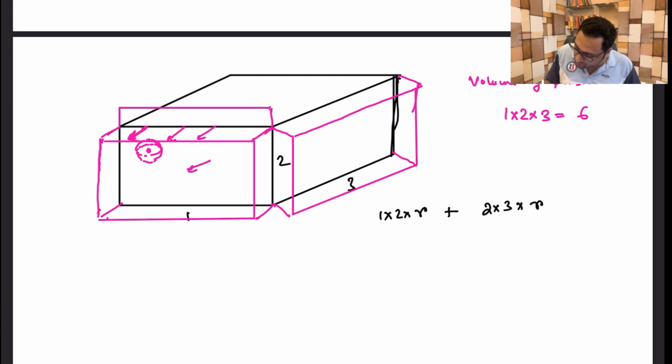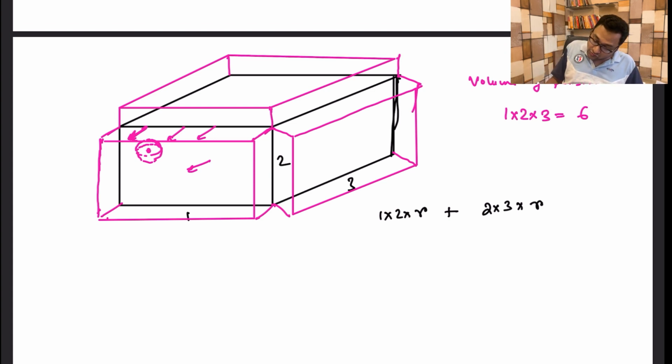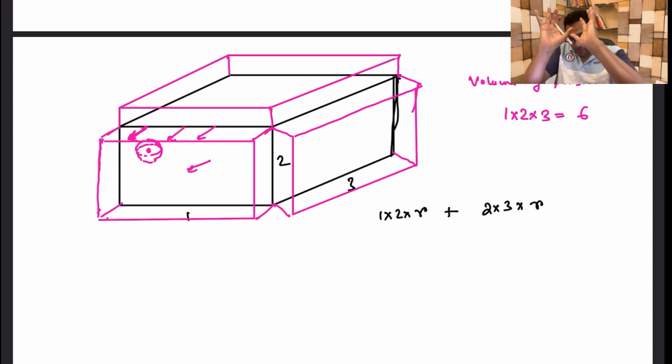So you have one at the top. I'm not saying that there are no other pieces. I'm just calculating them one by one. So one that is pushing up at the top, this one is 1 times 3 times R, 1 times 3 times R.